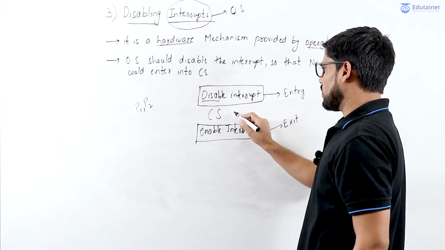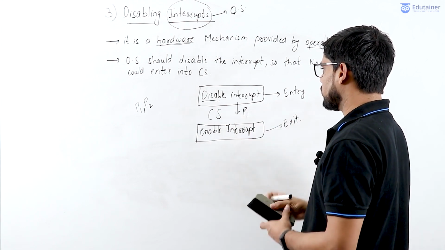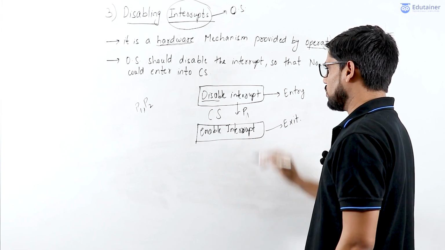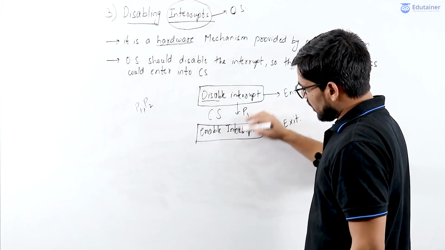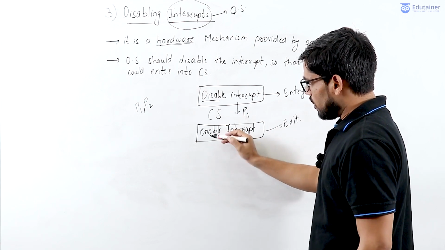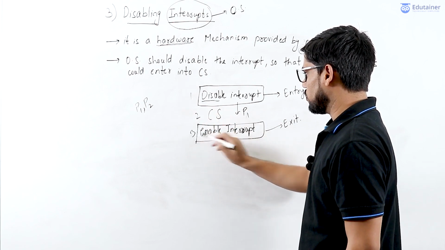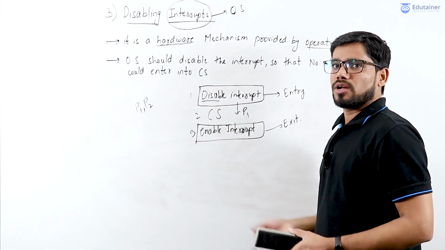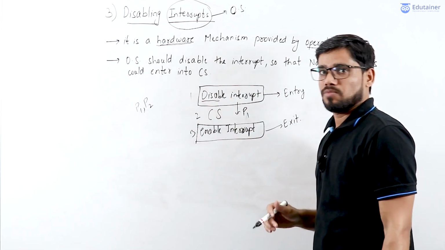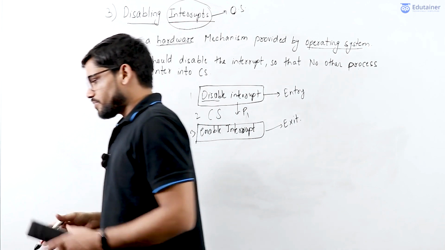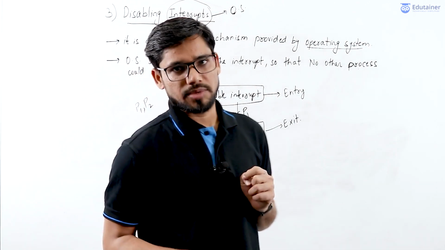Process P1 can enter the critical section and use the shared resource, and after it executes its task, it will come back, and once it executes line number 3, the operating system should again enable the interrupt so that process P2 can enter the critical section. So one problem here is that the operating system should be involved in the synchronization mechanism.